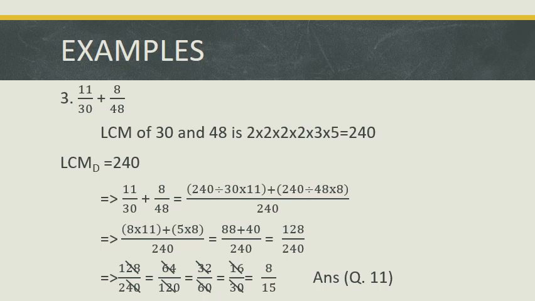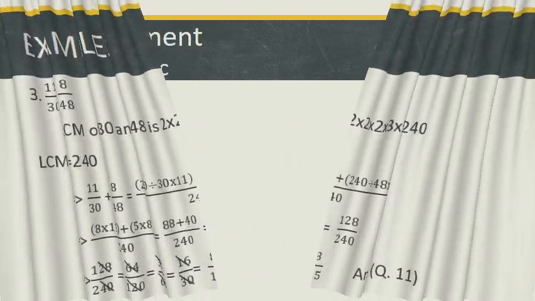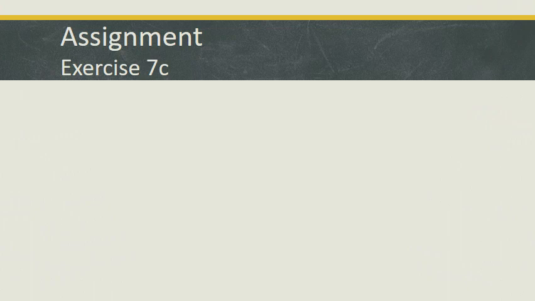Now children, I hope you have understood both the exercises 7C as well as 7D very well. And now children, you will do some assignments based on these two exercises. Now children, let's do the assignment.